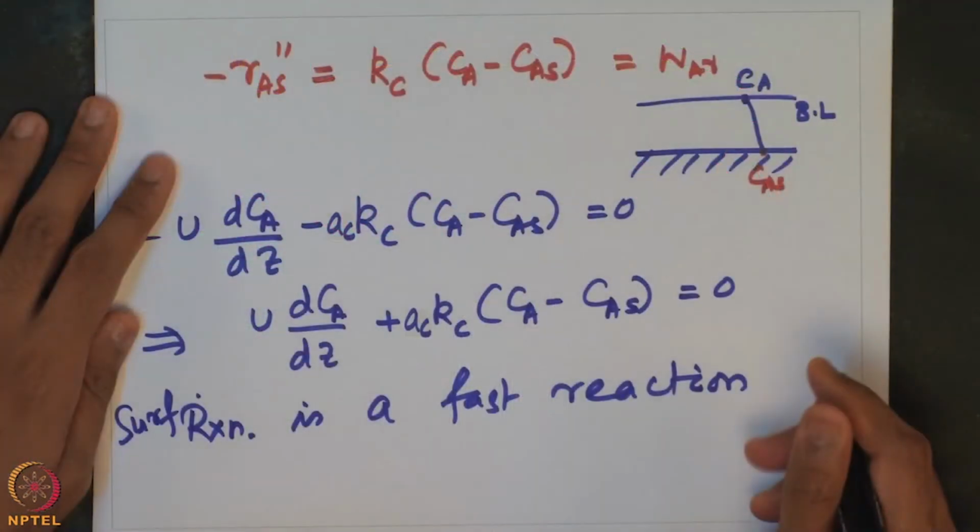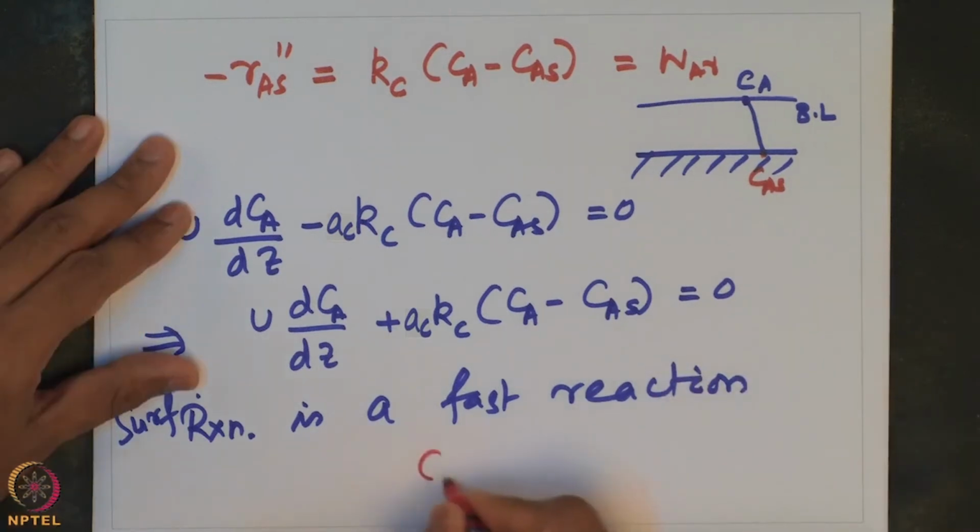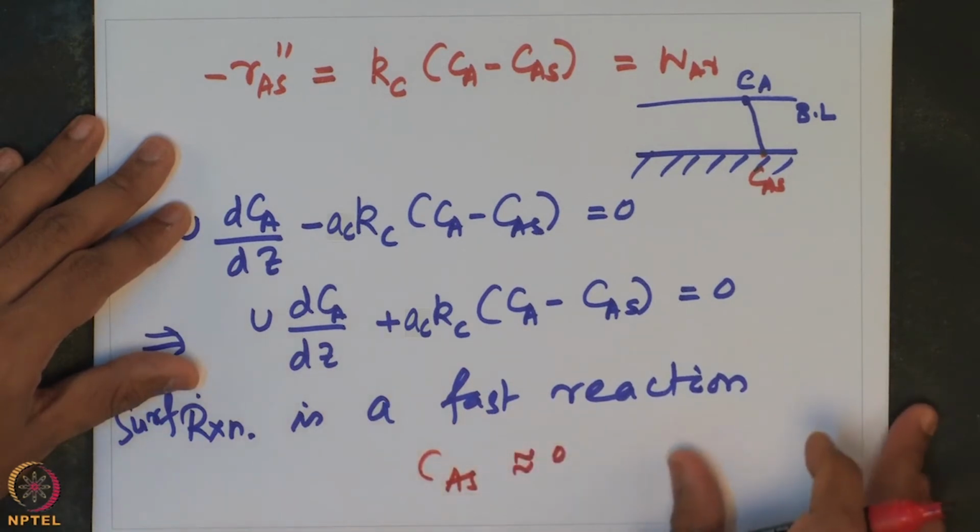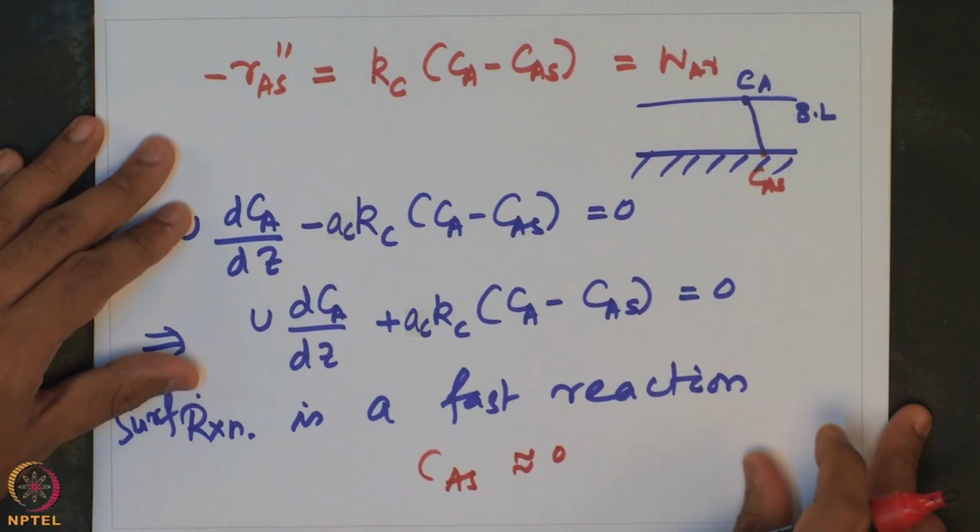And therefore, if the reaction goes to completion very close to the surface, then it means that this Cas can be approximated to 0, which means all the species present close to the surface would be consumed.